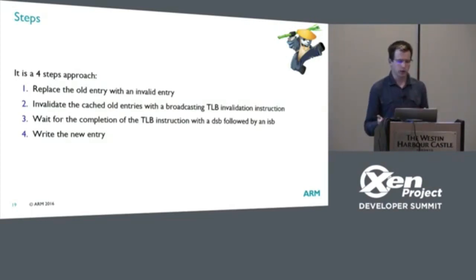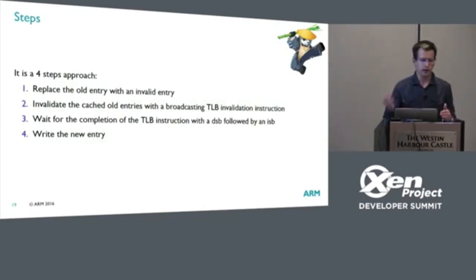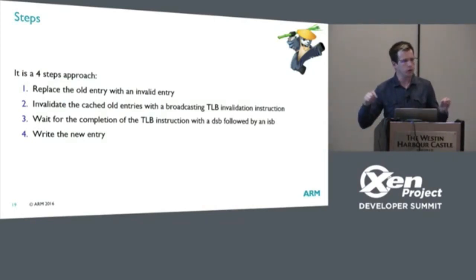So what you do is you replace the old entry with an invalid entry. So in the page tables, it's invalid. You invalidate the TLBs by broadcasting the TLB instructions. So when you broadcast on each CPU, the TLB entry won't exist anymore.